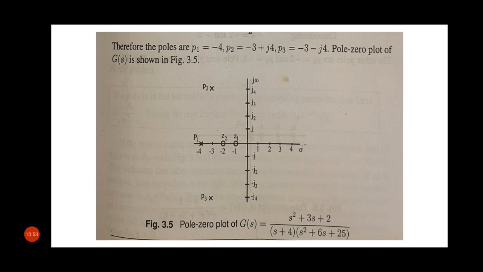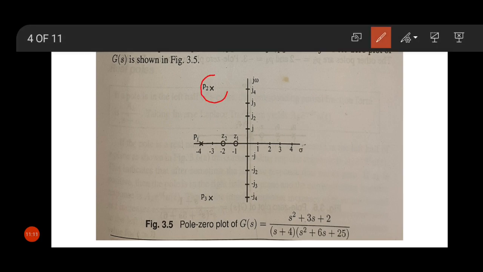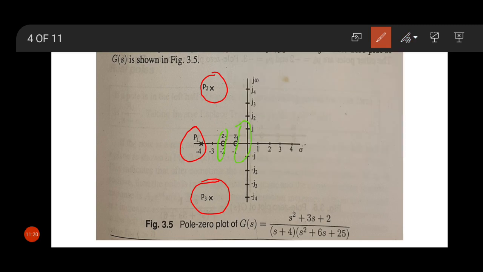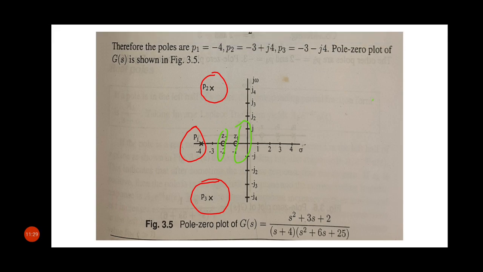Poles are identified by X. The first pole is p1, which is -4, and the other 2 poles are -3 + j4 and -3 - j4. So this is our second pole, this is our first pole, and this is our third pole. And this is our zero. I hope you understand how we sketch poles and zeros in the S-plane.